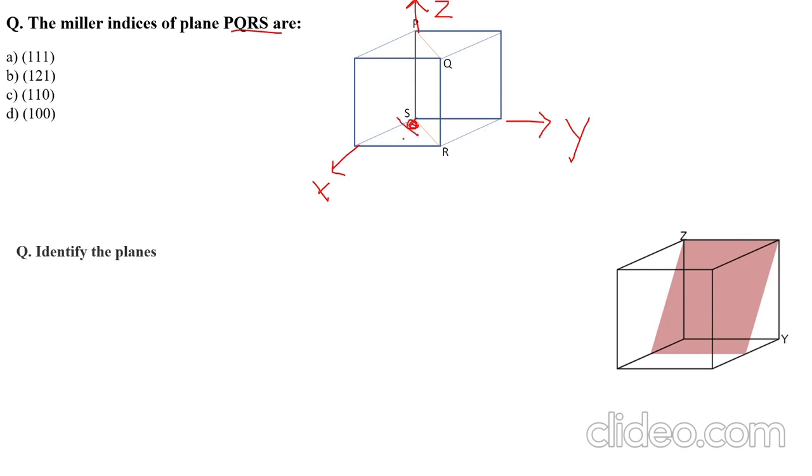Now you have to say what the Miller indices for the plane are. If you choose, for example, this as the origin, the intercept on x will be -1, for y it will be +1, and it is parallel to the z-axis, so it will be -1, 1, 0. I think the option has some errors. It will be 1 bar, 1, 0.